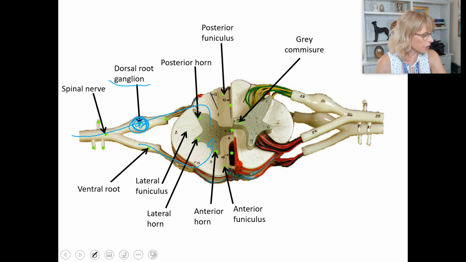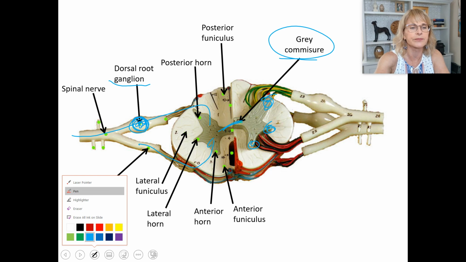All right? So, central canal, the gray matter. The gray matter looks like a butterfly and it's divided up into horns because, of course, a butterfly doesn't have horns. Posterior horn, lateral horn, ventral horn. Where it comes together, gray commissure. That's a hard word to spell.